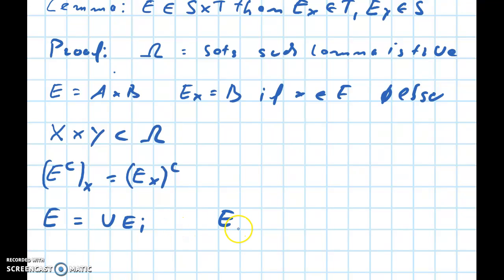Then the X section of E is the union of the X sections of the subsets E_i. And this union is in T because, again, T is a sigma algebra. And the second case for Y sections goes the same. So this concludes the proof of this lemma.